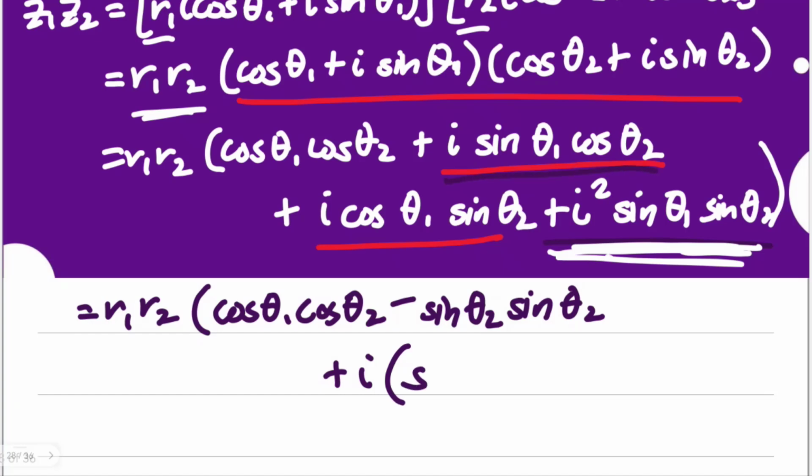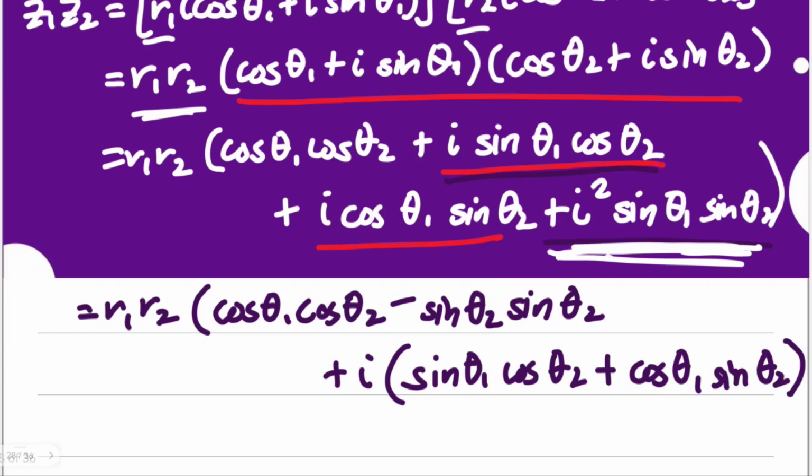This term is sine theta sub 1 cosine theta sub 2 plus, as I take out i, you will have here cosine theta sub 1, and then we have sine theta sub 2. So this is the result when I interchange and rearrange all those terms.